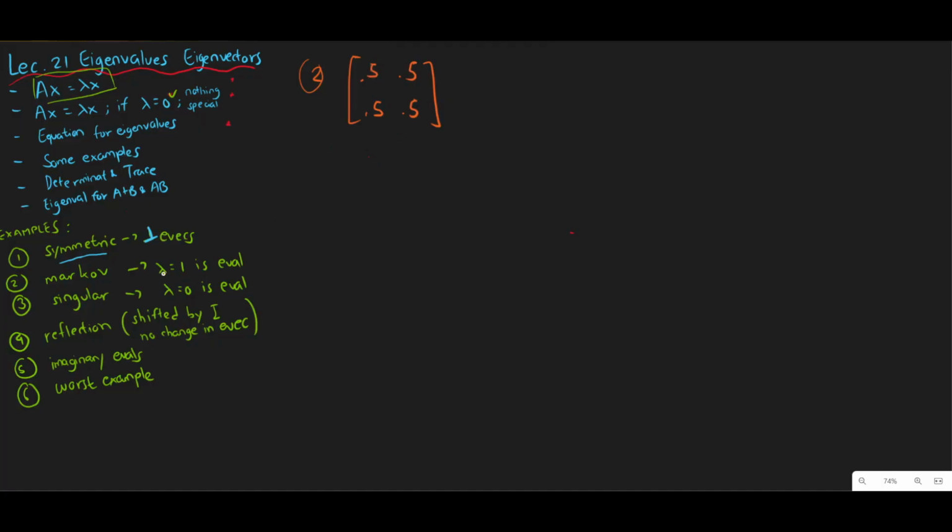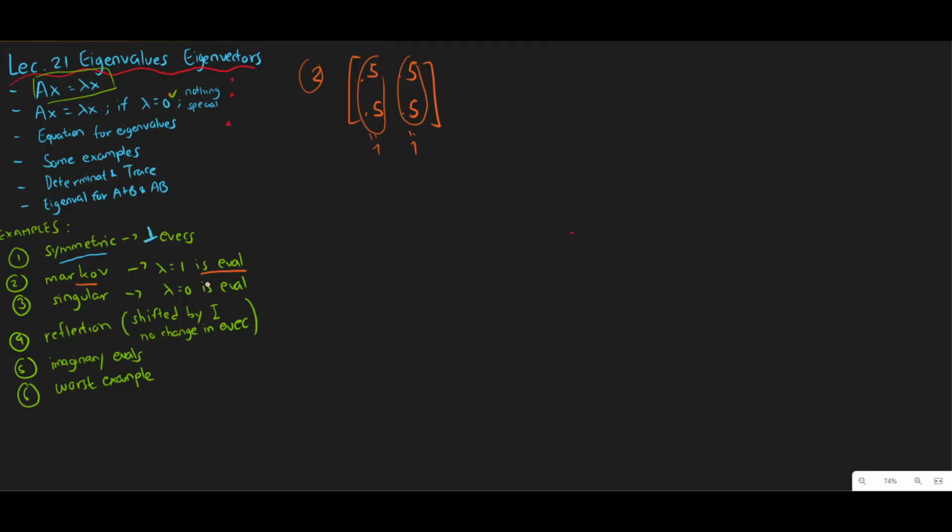The Markov case is where the sum of each column equals 1, so 0.5, 0.5, 0.5, 1. It is guaranteed that it has the eigenvalue of 1. So 1 is one of the eigenvalues, not all, but one of them.